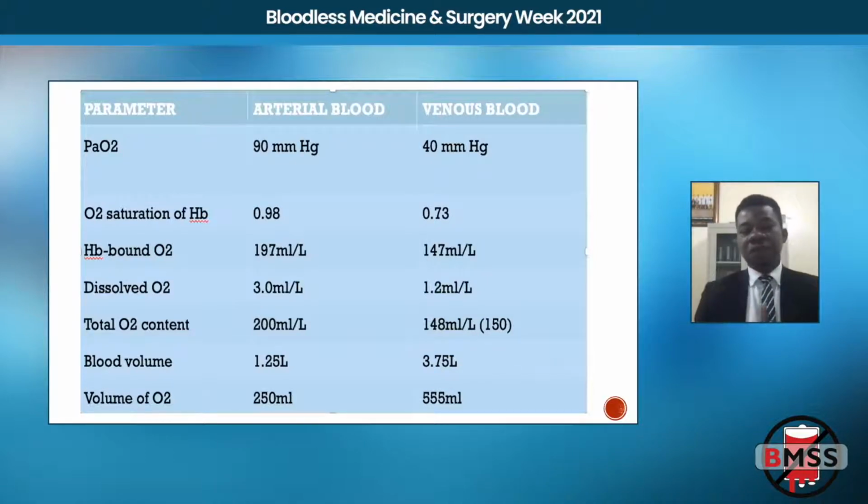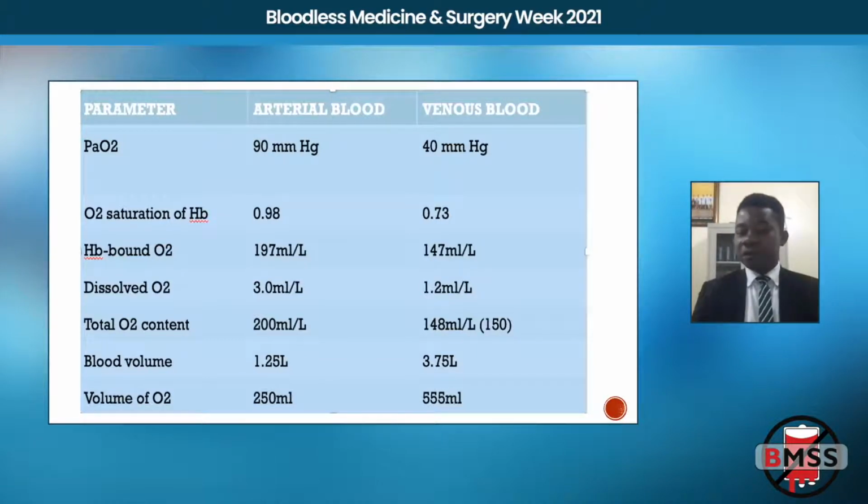Now, if you remember the maths we've done earlier, we understand that hemoglobin can bind up to 107 ml per liter in arterial blood. The venous blood can bind about 147 ml per liter. The dissolved component in the arterial circulation is about 3 ml per liter, whereas in the venous circulation it is about 1.2 ml per liter.